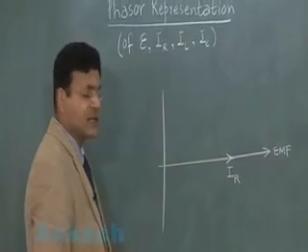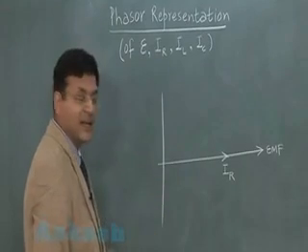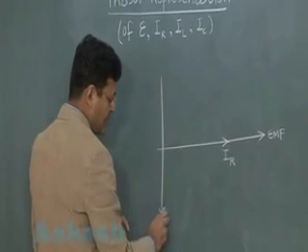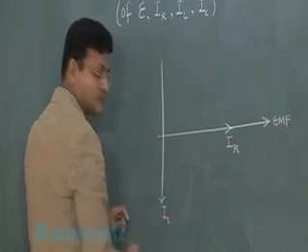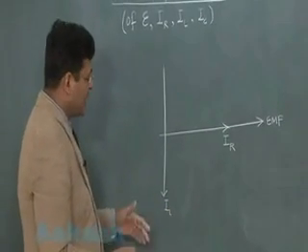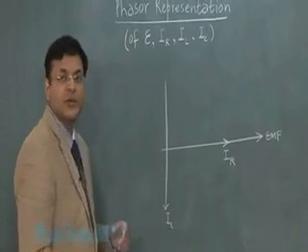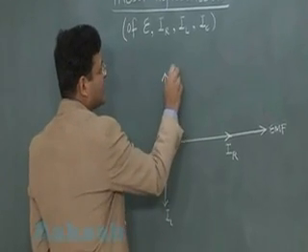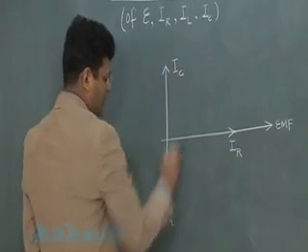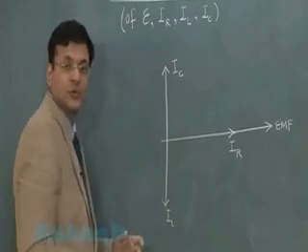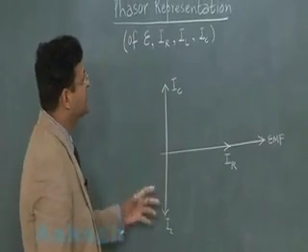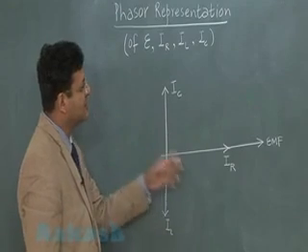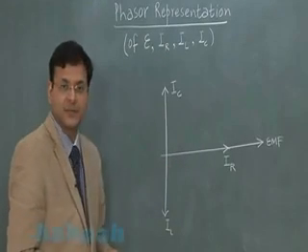The current through inductor was lagging the EMF by 90 degrees, so it will be shown like this. IL. You understand? And current through capacitor was leading the EMF by 90 degrees. So current through capacitor will be shown this way. You understand? This is the phasor representation of EMF, current through resistor, current through capacitor, and current through inductor.